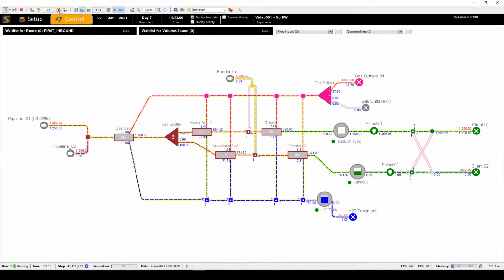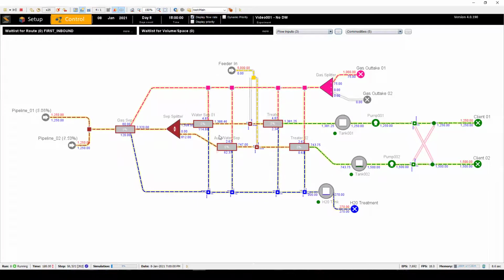So if we speed up the simulation, we can see that these separators at the beginning of the network seem to be bottlenecked by a certain constraint. And it looks like our water tank and the limit of flow to the water treatment facility is actually bottlenecking the system.